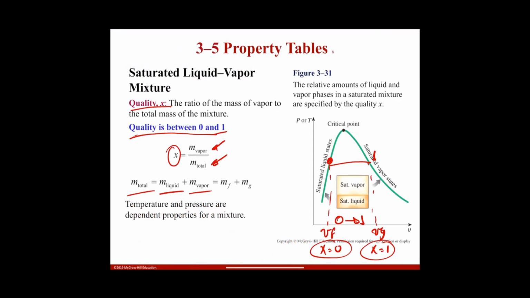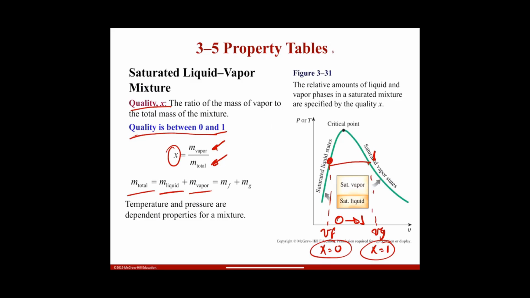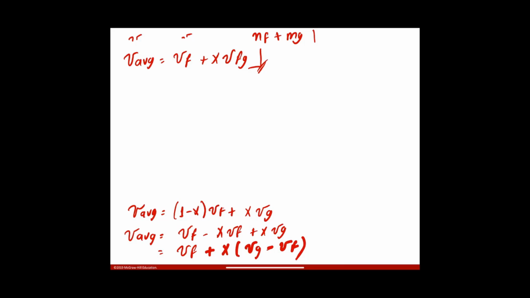That's the equation I was looking for, because when you have Vg, Vf, and Vfg, and you need to calculate your specific volume, you need to have an equation in hand that you can use. For sure you need more data. You need to know the total mass, you need to know the mass of the vapor, you need to know a lot of things in order to develop this equation.